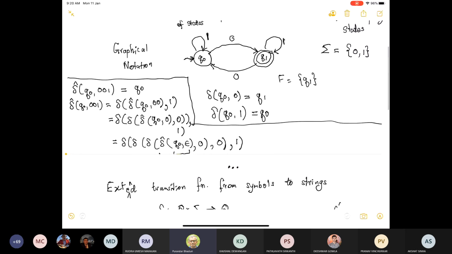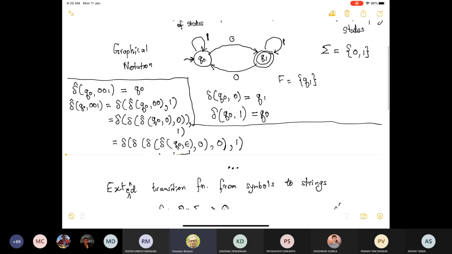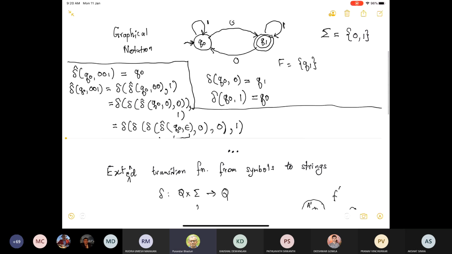But anyway, now you can see that delta hat Q naught epsilon is just Q naught. That is the base case.